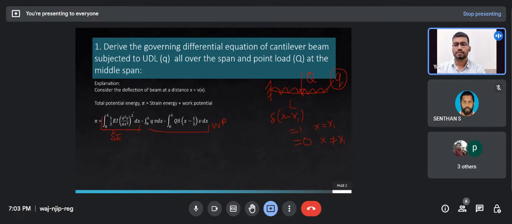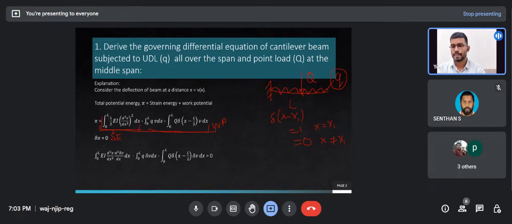Once we have written the total potential energy, we know that the potential energy of a system should be minimum. So we take the derivative of this potential energy, and that should be equal to 0. I have taken the derivative of this whole function.